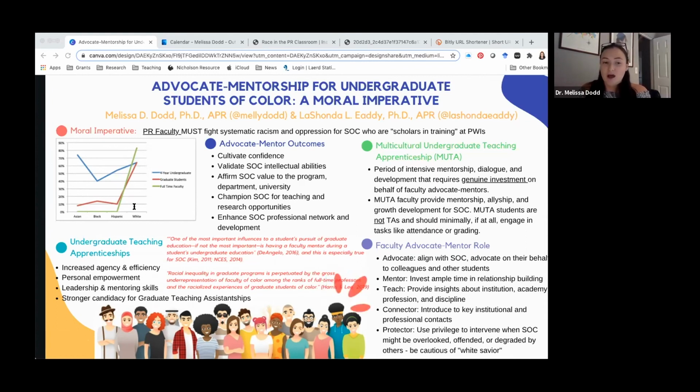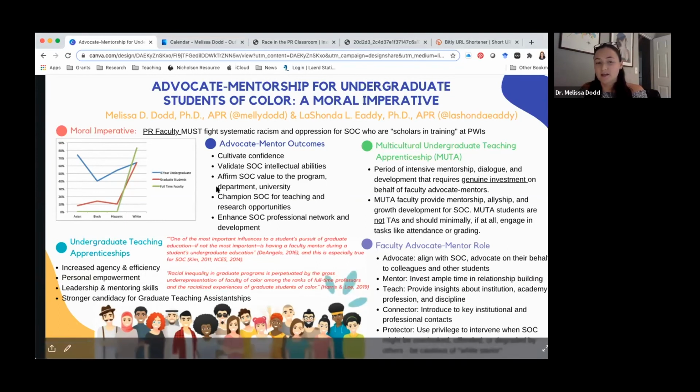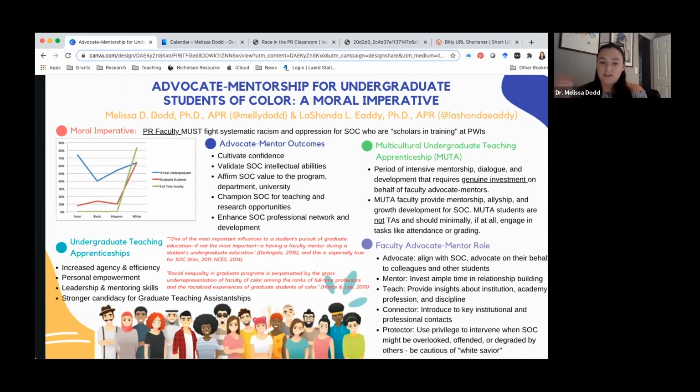Some of the research that I've bulleted here is that undergraduate teaching apprenticeships, the research shows, this is not necessarily for multicultural, but the research shows increased agency and efficiency, personal empowerment, leadership and mentoring skills, and stronger candidacy for graduate teaching assistantship.